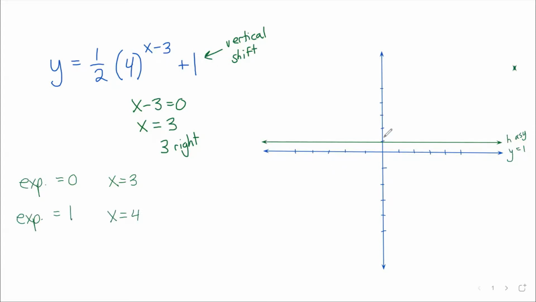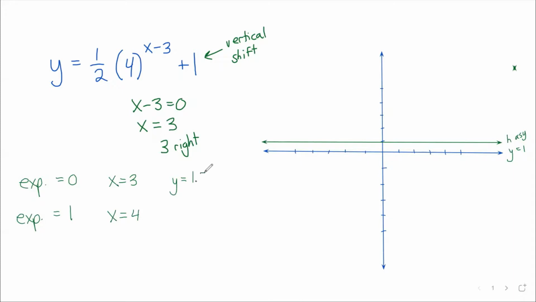And so these are the values that we're actually interested in. And this makes sense because normally we'd be interested in values here. We know the whole graph is shifted 3 to the right. And so now we're interested in values that are 3 to the right over here. So let's get our actual values for these. So when x is 3, exponent is 0, 4 to the 0 power is 1. 1 times a half is a half, and then plus 1 is 1.5.